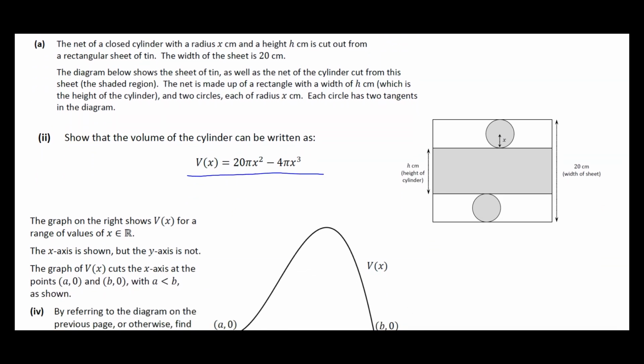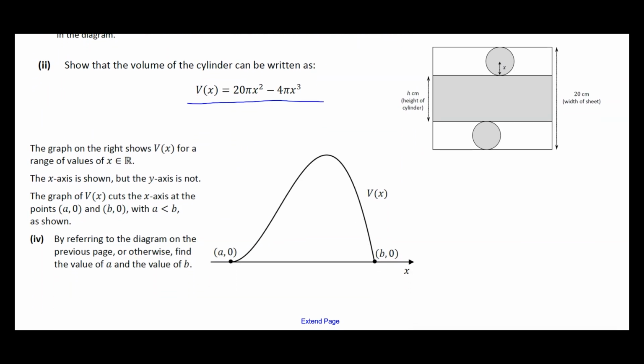And in this particular part, it says the graph on the right shows the function for the volume for a range of values of x. The x-axis is shown, but not the y-axis. The graph of the V function, the volume function, cuts the x-axis at the points A, 0 and B, 0, and we can see that it cuts in two places.